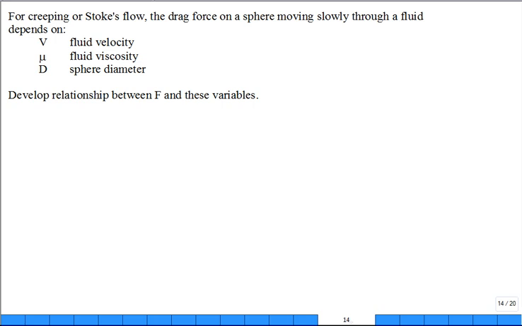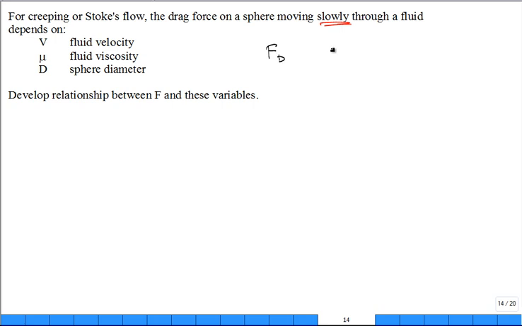For creeping or Stokes flow, sometimes they'll say it's Stokes flow, sometimes it's creeping flow. It's the same description, you know, slow flow. The drag force on a sphere moving slowly through a fluid depends on the fluid velocity, the fluid viscosity, and the sphere diameter. So here's my drag force.